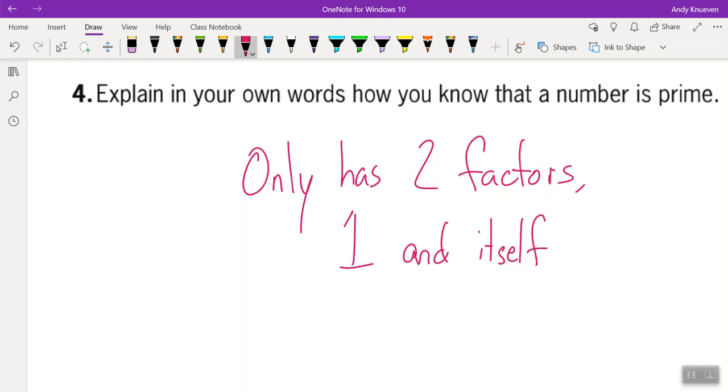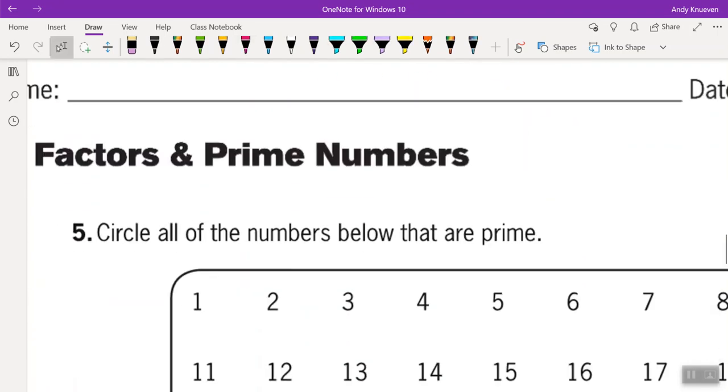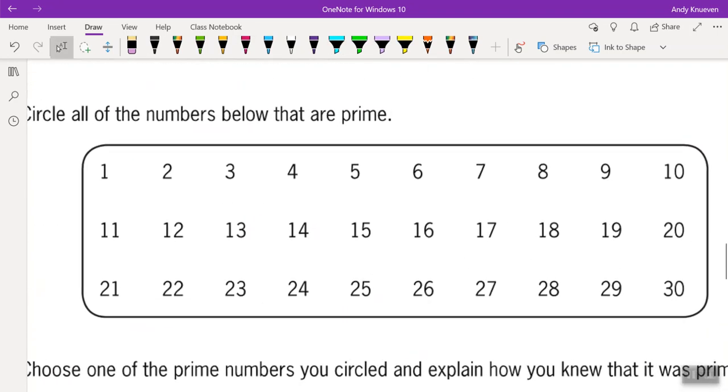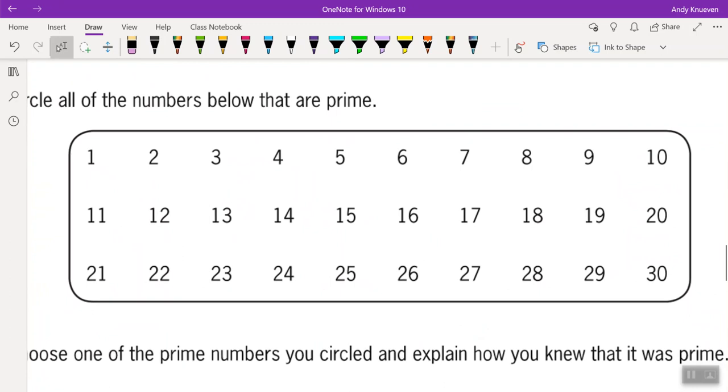All right, so let's look at our next page here. Circle all the numbers that are prime. So now we have to break down what each of those are.